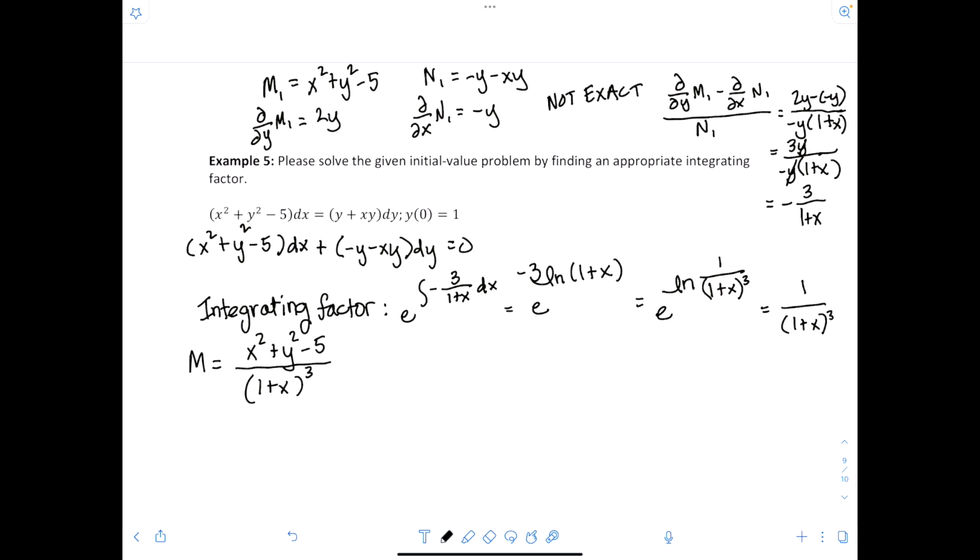And then our new n, and remember that this is our df dx, okay? And our new n will be equal to the first partial of f with respect to y, and that new n is going to be negative y minus xy divided by 1 plus x, the quantity cubed.